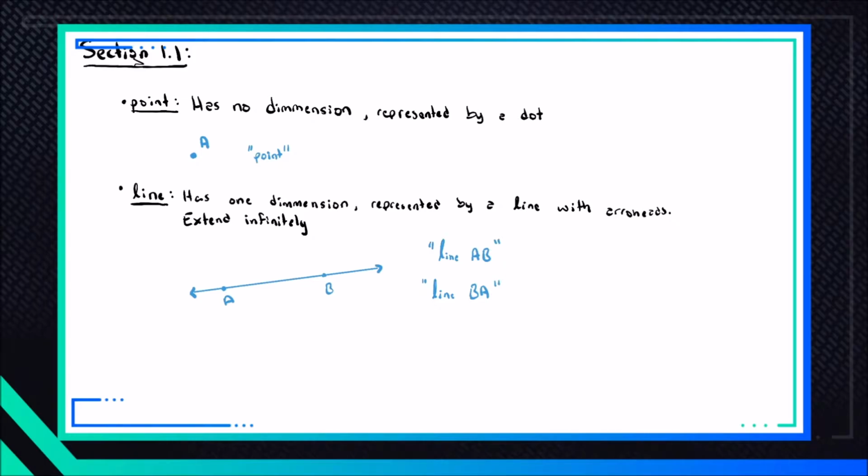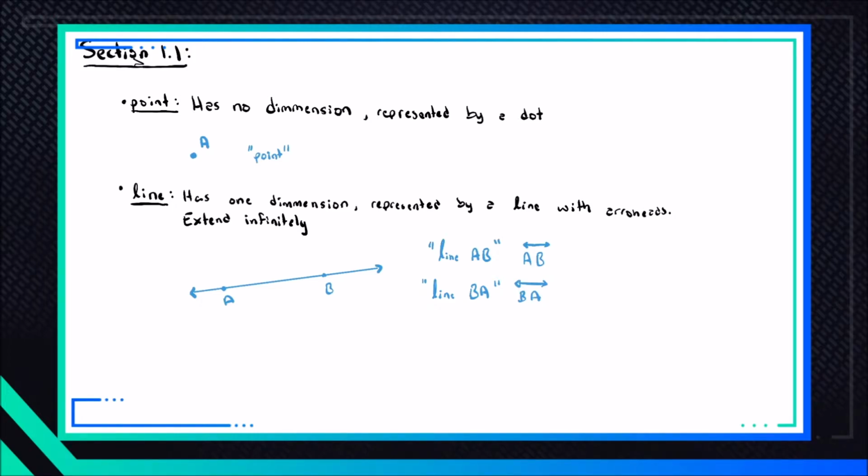And now I know you guys don't like writing out the word line all the time, so we have the shorthand, which is going to be a line on top, with an arrowhead on both sides, with the letters A and B below it. Or you could do the line on top with the letters B and A below that.